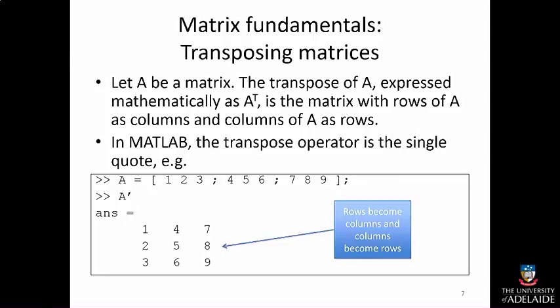Yeah, the columns become the rows. So if you have this matrix 1, 2, 3, 4, the first row is 1, 2, the second row is 3, 4. If you take the transpose, columns become rows and rows become columns. So we get 1, 3, and 2, 4. And with this apostrophe sign, you can take the transpose of a matrix.